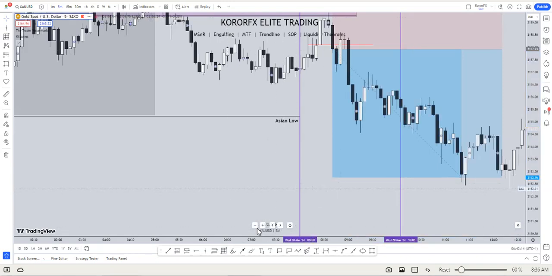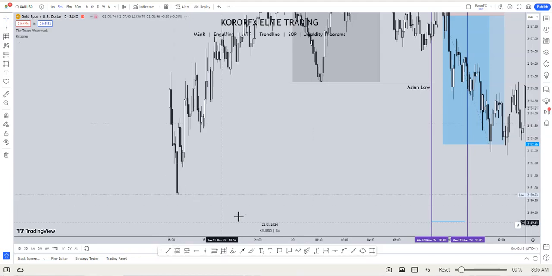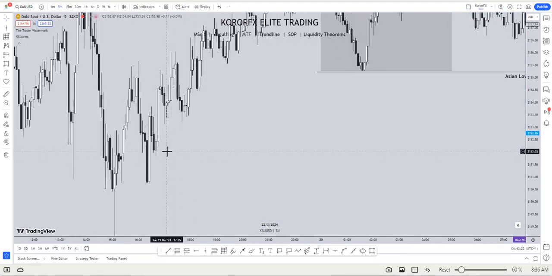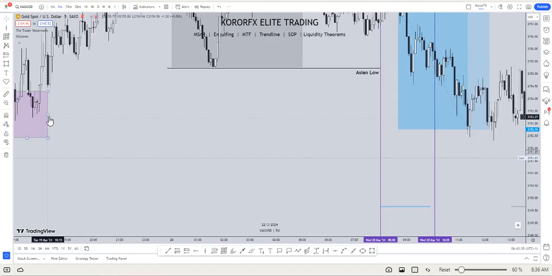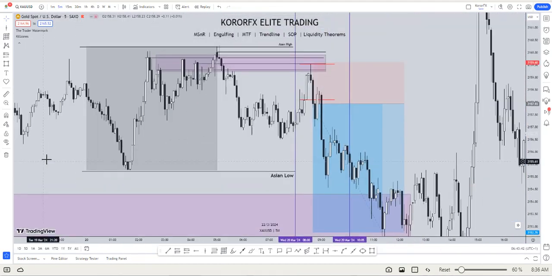So the last point is, where is our target? We can always target where we see liquidities. Liquidities are like trend line liquidity or lows or imbalance, because even the imbalance we still use, guys, in Malaysian SNR. You see there is an imbalance here, and if I drag it, that is my target point.